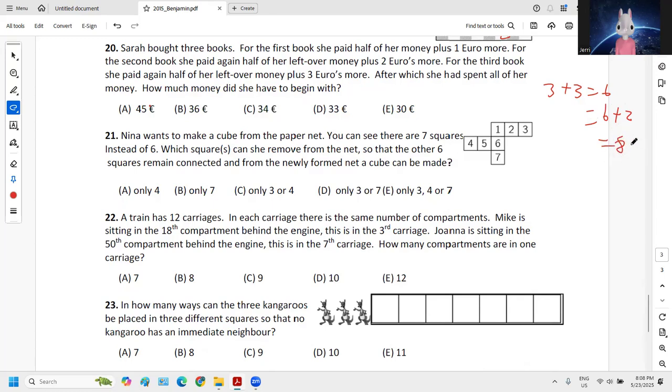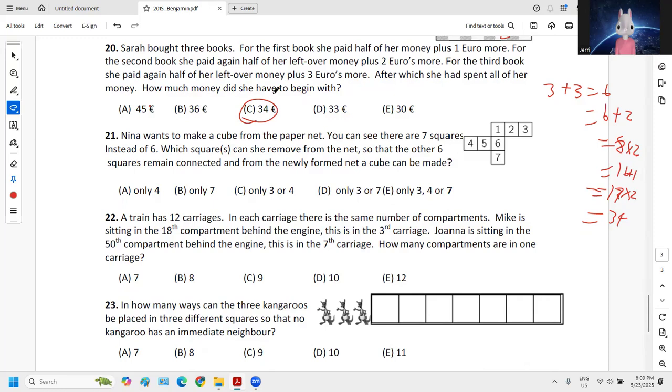And then we need to times 2, 16. And then 16 plus 1 equals 17. And then 17 times 2 equals 34. So C is the answer.